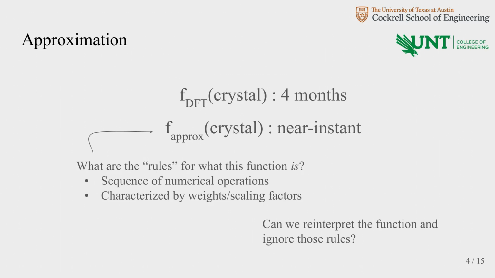One thing that I also want to note here with deep learning is that after talking with a lot of physicists, it seems like the average perspective of this function is just a sequence of operations where we put in a crystal and it gives us this defect formation energy, which is true. That is what this function is. A function is just a map of inputs to outputs, right?